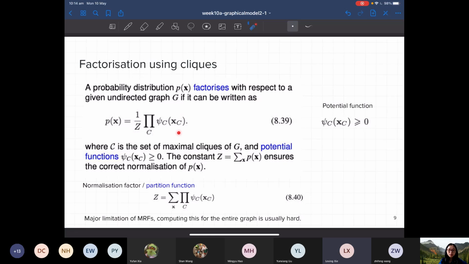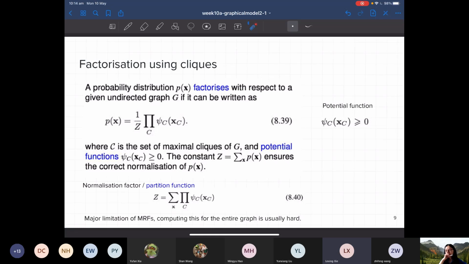Equation 8.39 is a generalization of that. For MRFs, we write the joint probability as a product of what are called potential functions. We're not guaranteeing that these potential functions are proper conditional probabilities, so we need to include a normalization parameter, 1 over Z, in the front.